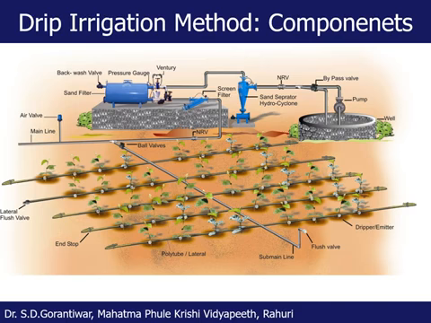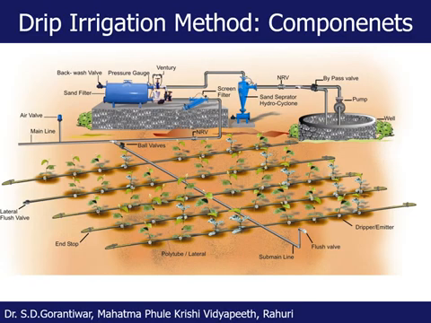So for this purpose, we should have a certain arrangement to bypass the excess water, and this arrangement is provided with the help of the bypass valve, which is shown here just near the pump. The pump lifts the water from the water source at the desired pressure, and as we have to allow only the required amount of water into the system, the bypass valve will divert the excess water again into the water source.